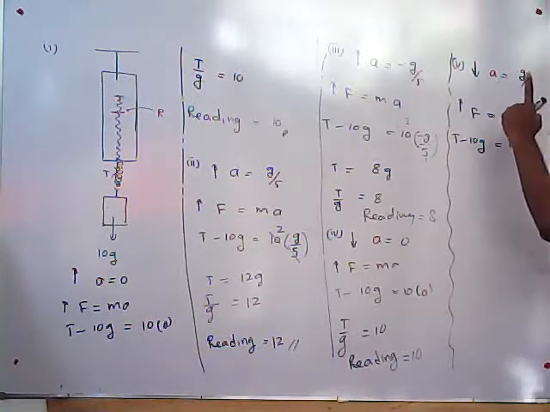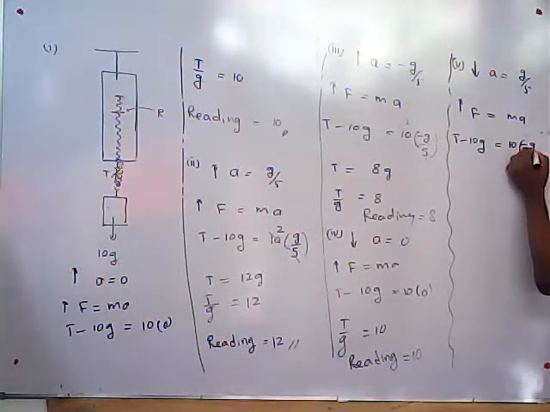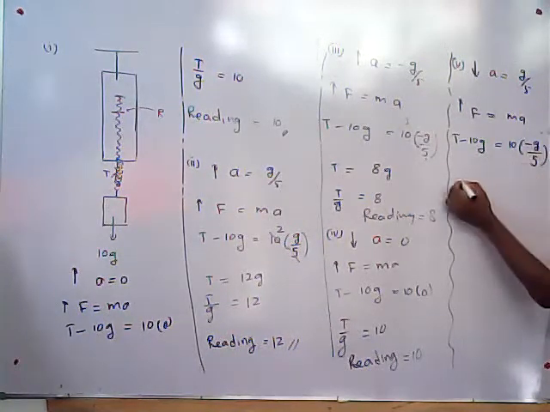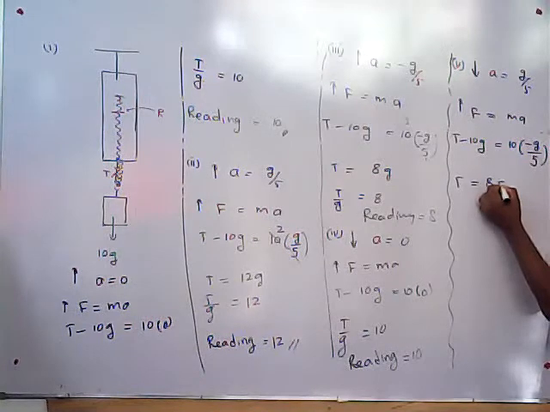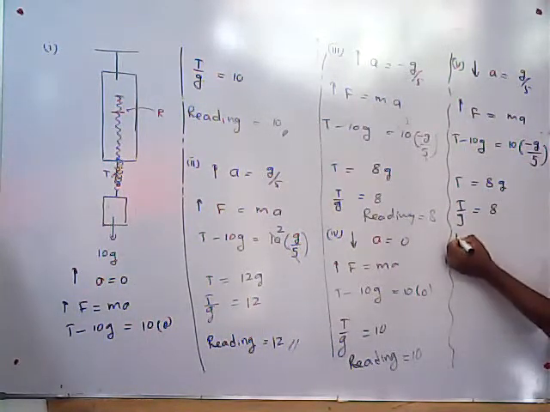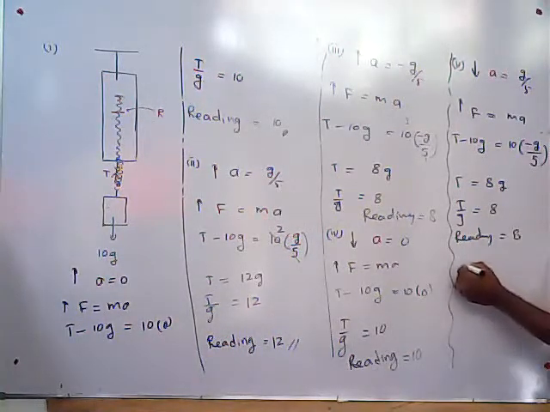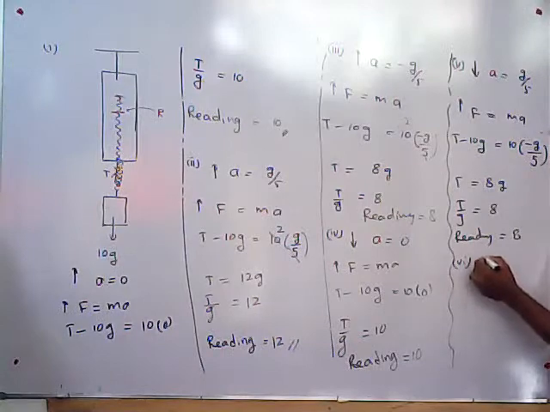We are applying upwards, so it's moving down at acceleration g over 5. Then it has to be minus g over 5. So again we are going to get 8g. So T over g is equal to 8. So the reading is 8.